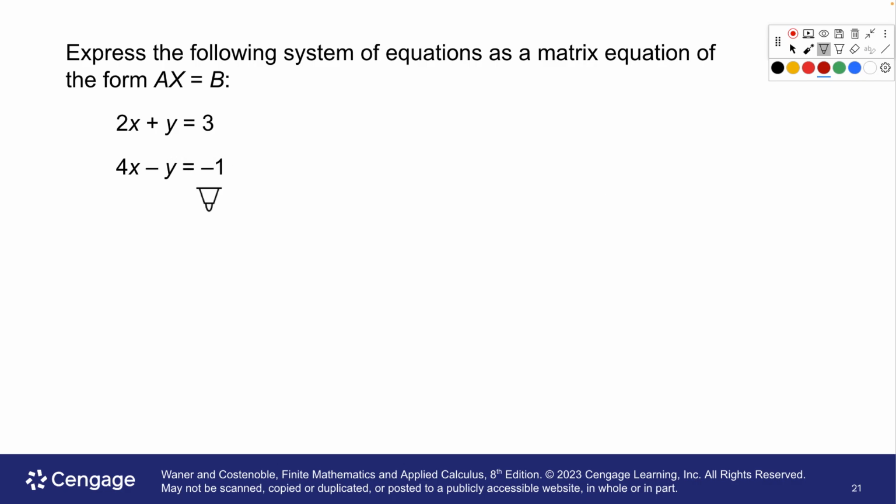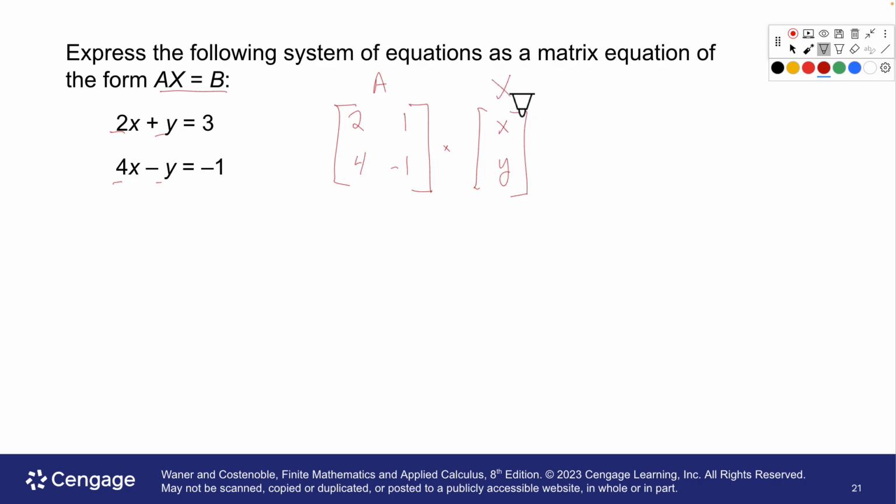How do we express this as a system, as a linear equation? We're going to take the coefficients of 2 and 1. This is going to be the matrix A. Down here we get coefficients of 4 and -1. We're going to multiply that times the variable matrix, which are x and y.